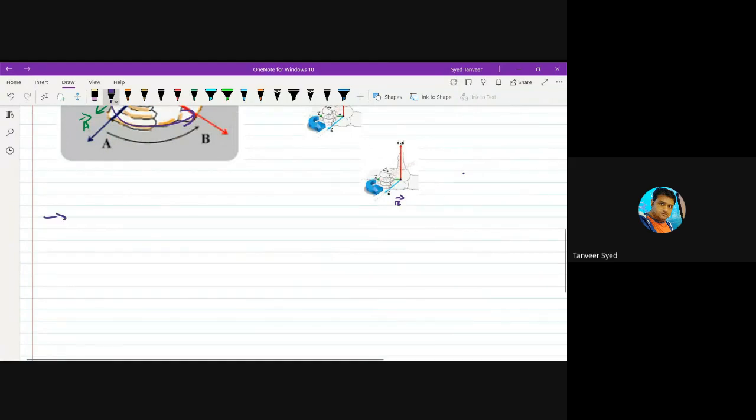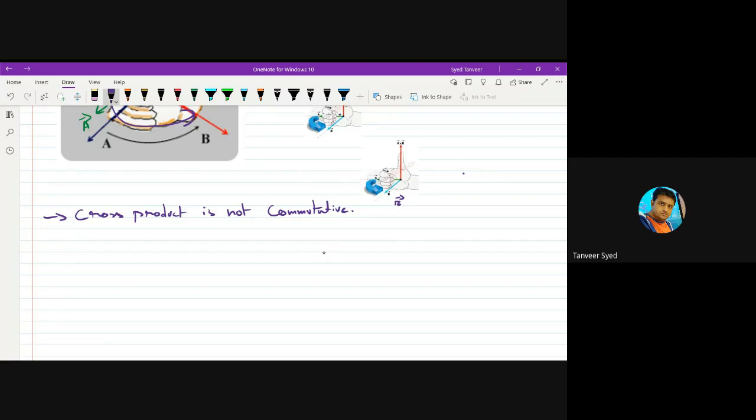Next, this cross product is not commutative. P cross Q is not equal to Q cross P, because they are pointing in different directions. Even though their magnitudes might be the same, their directions are opposite.